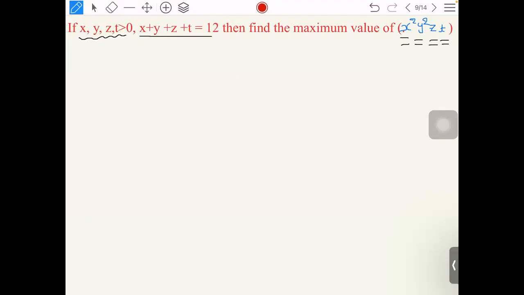So we have x square. What does it mean? It means that we have to divide this x into two equal parts, so x by 2 plus x by 2. Then next we have y square, that means this y will be divided into equal parts, y by 2 plus y by 2. Z, leave it as it is, plus t.